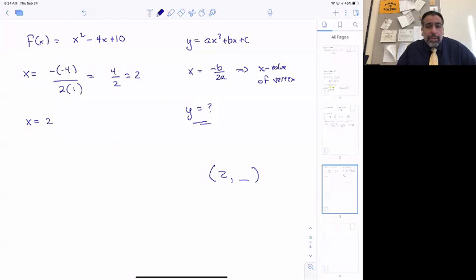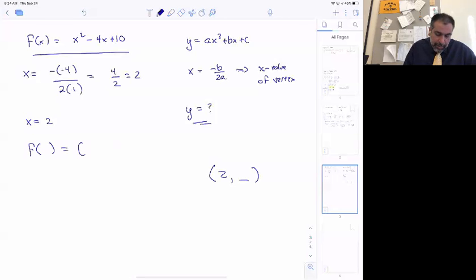This is where the beauty of functions comes in. We were given a function, and functions want inputs so they can get outputs. Our question is, what's the y value when x is 2? In other words, what's the output of our function when x is 2? So we go to that function, and we get ready to plug in by using our somethings. So we're going to get something squared minus 4 times something plus 10.